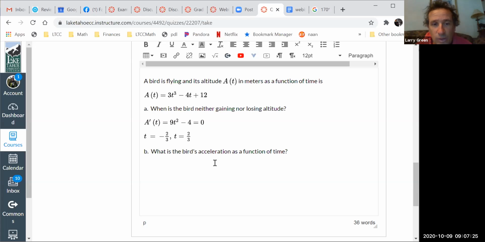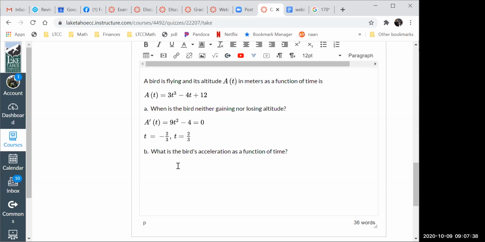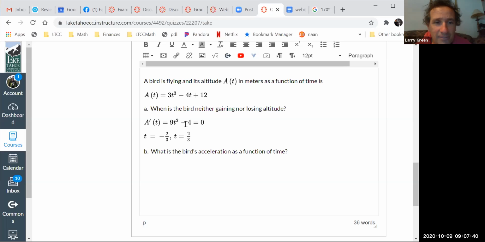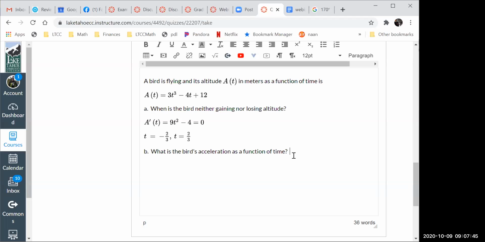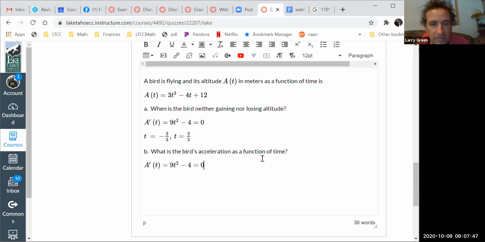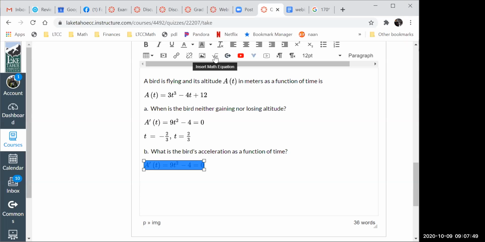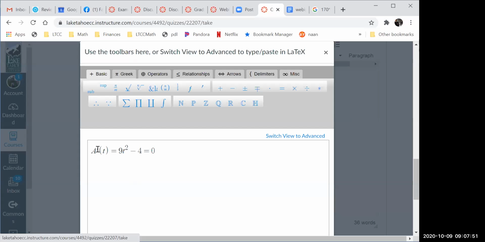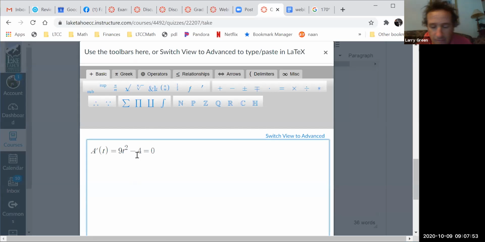Okay, B is, what is the bird's acceleration as a function of time? So what do you have to do to find the acceleration? Take the second derivative. Yeah, take the second derivative. And the nice thing is we've already got the first derivative, so we can get the second derivative quite easily. So I have a prime and I want a double prime.